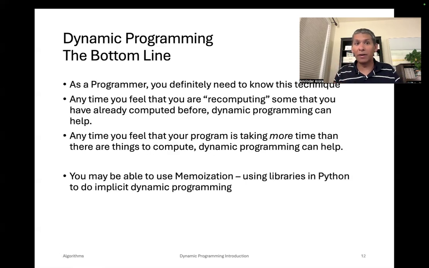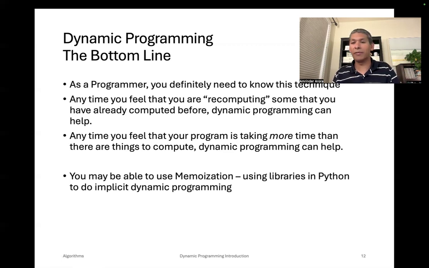That's really what I have here. Have fun, keep learning. The bottom line of dynamic programming is very simple, that you, as a programmer, just need to know this technique when you think that you're doing some recomputing again and again. Now, there's a small trick here that you may also be able to use memoization, and it's not a typo, it's not memorization, it's memoization, using libraries in Python, etc., in which it'll automatically remember if you made a function call, it'll just say, okay, yes, I remember this function was called with these arguments, I'll just return this thing.